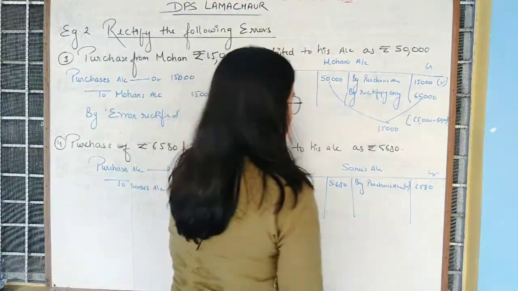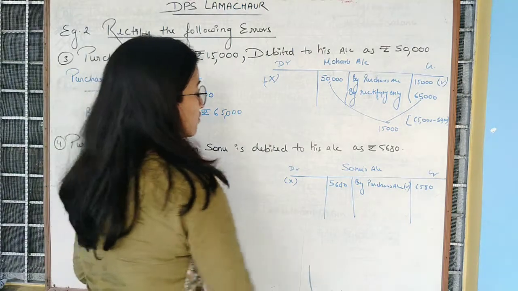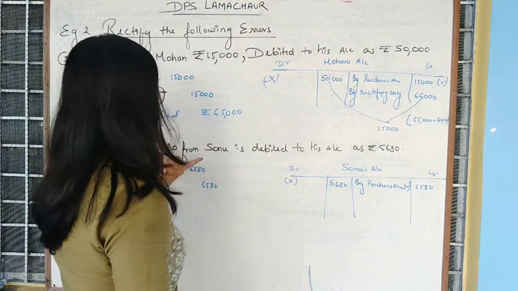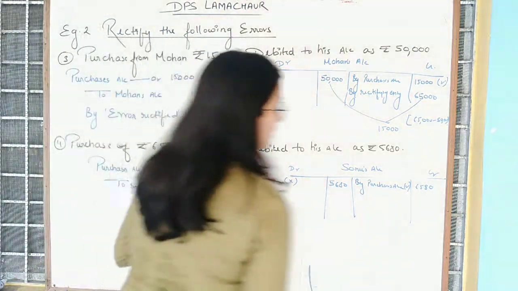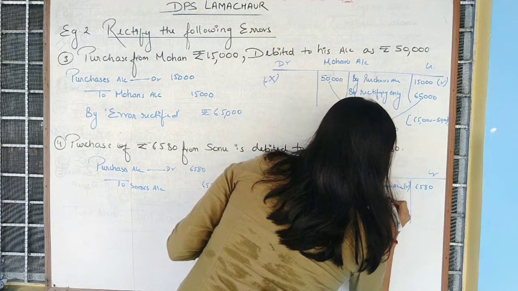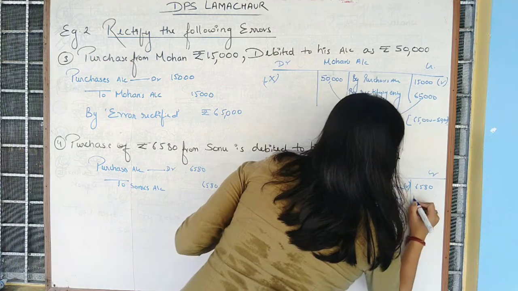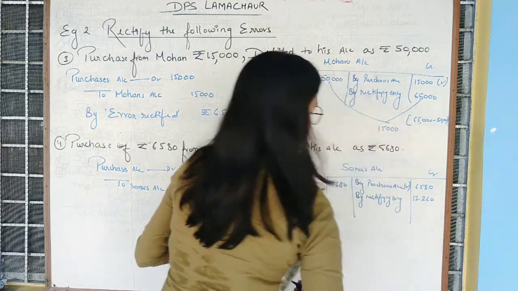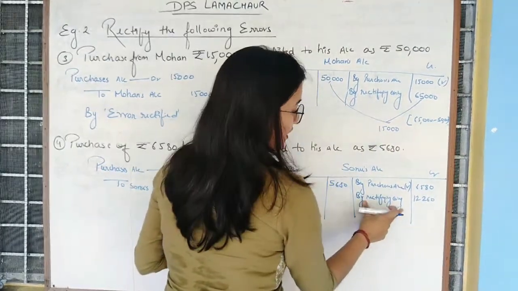Now to rectify this error, we will have to credit the amount 12,260 by rectifying entry 12,260. This will be the rectifying entry.